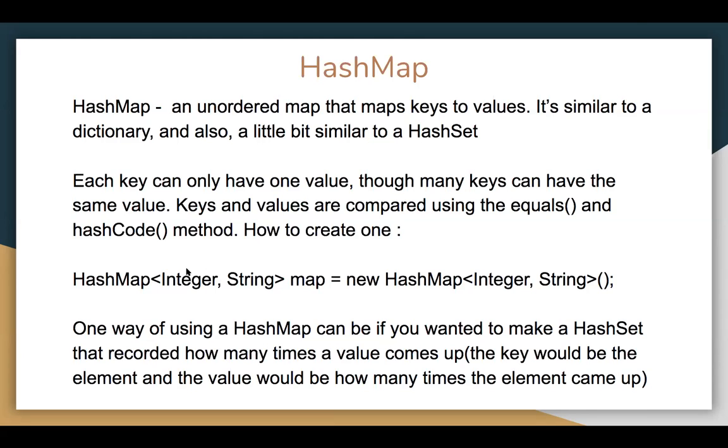You could start off with a key here, like a string, and then 0 in the integer part. And then every single time you go through and you find a value, you can increase it by 1. And that's how you could record stuff like that.